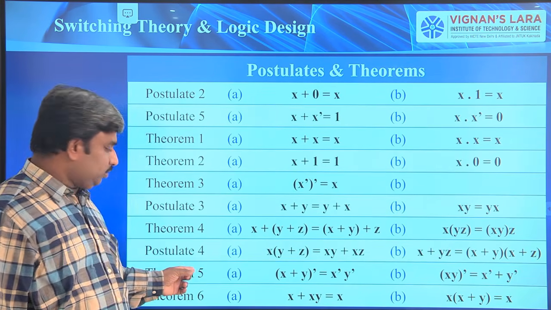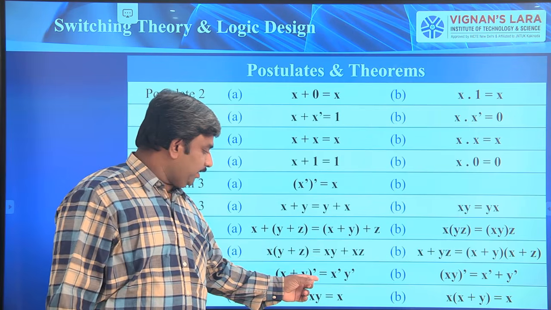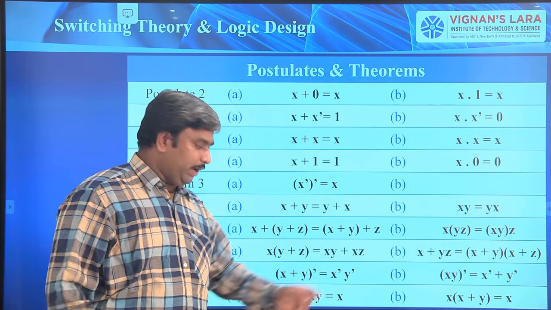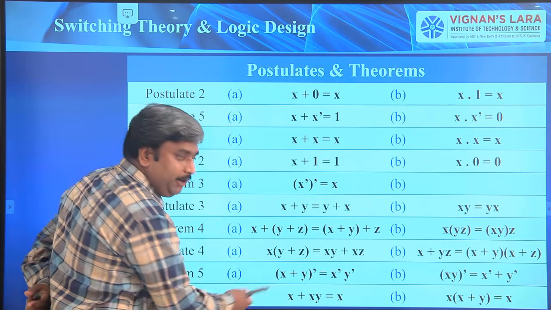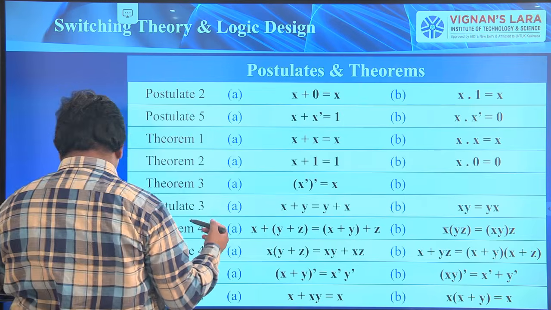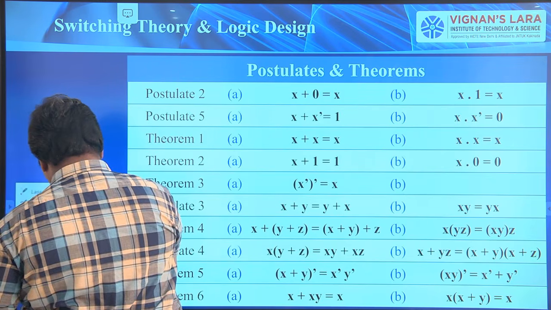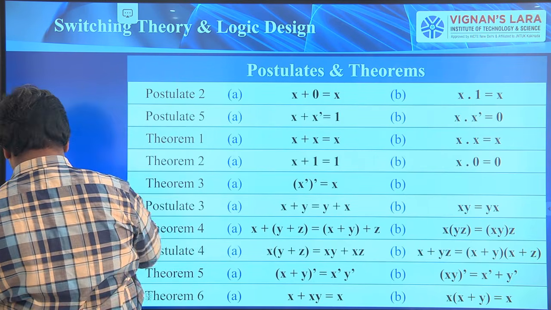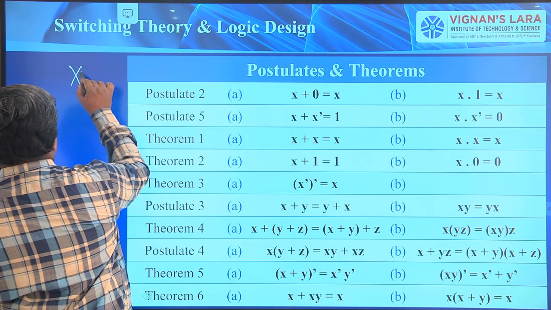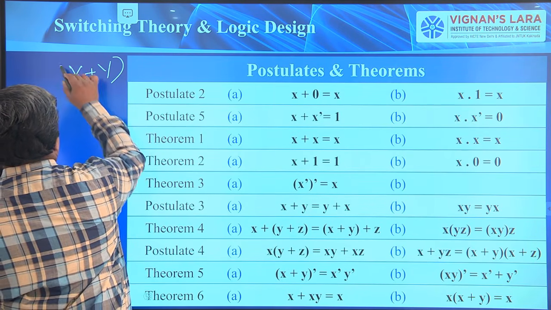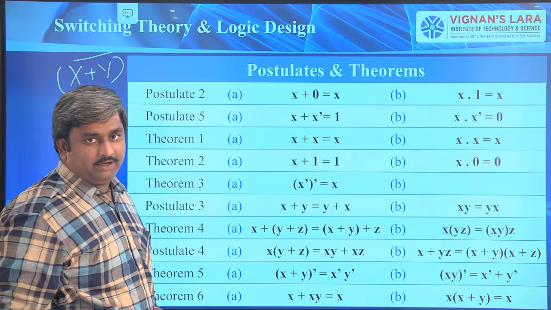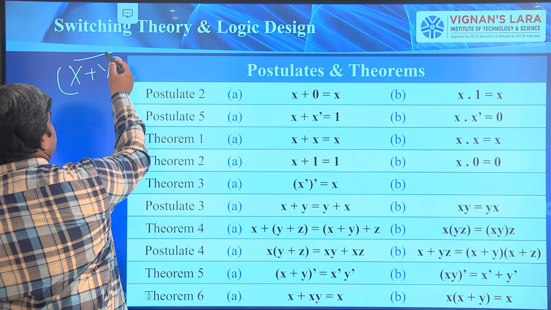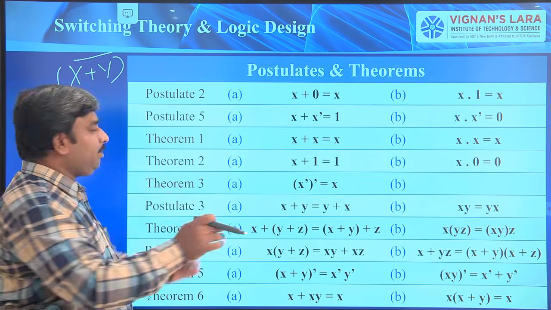Next, coming to theorem 5, x plus y whole bar is equal to x bar dot y bar. So here the complement operation for x plus y whole bar: when you apply this complement, you are distributing the complement to each and every one.